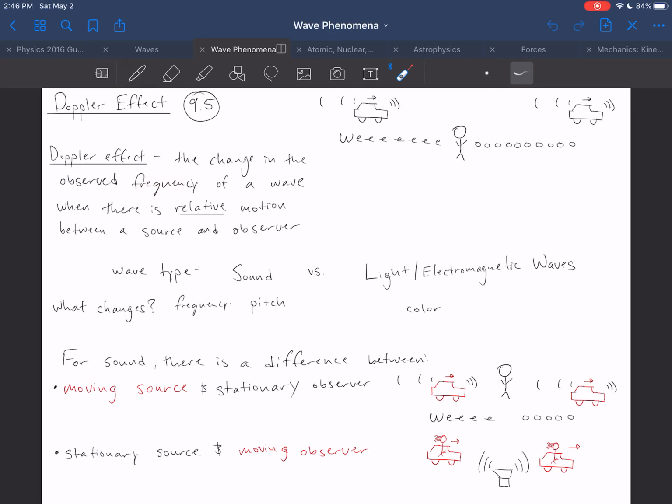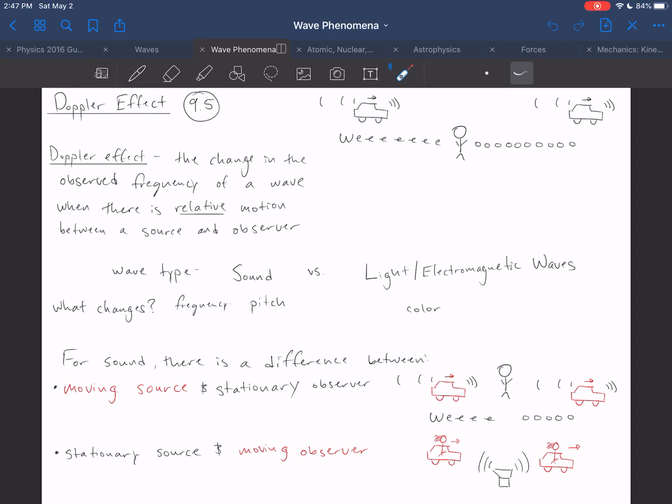And it occurs when there is relative motion between a source and an observer. So in this diagram over here on the right, I've shown the source of the sound moving, but the observer could be moving as well, or both could be moving. The important aspect for the Doppler effect is that you get it whenever there is relative motion, when the two of them are moving relative to one another.